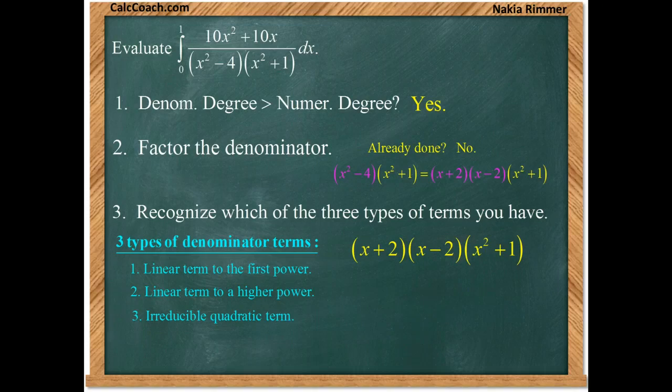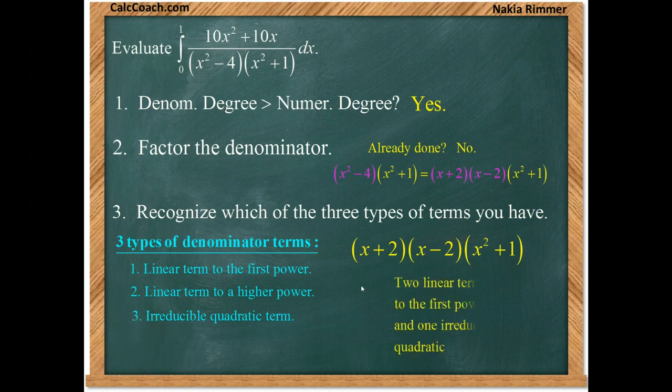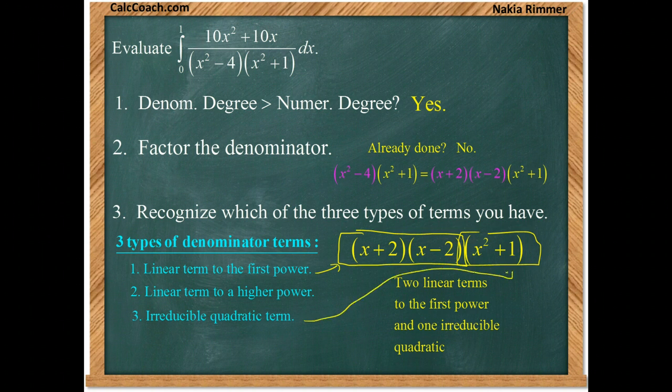The first two we have here are linears that are raised to the first power. The other one is an irreducible quadratic. Identifying that is very important because that tells you how to decompose.